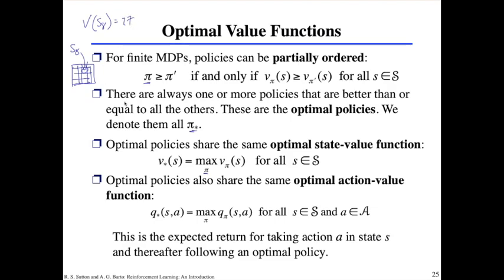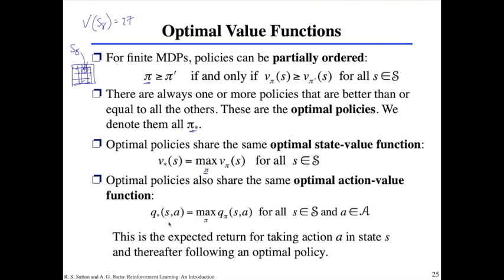And no matter which policy you have, if you had a policy that was optimal in all the others but not that, you could just swap out that part, right? Say it's going to be the policy that tells you what action to take there. So you can always construct this, and there will always be an optimal policy that's better than all the others, or a set of equal ones that are better than all the others.